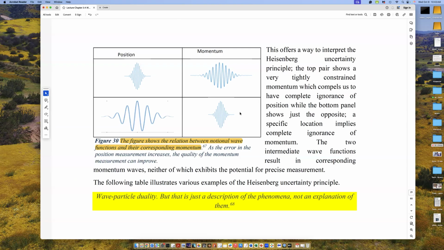And this comes right from the mathematics. Originally, Heisenberg's idea was conceptual. But once people thought about it, they said, oh yeah, obviously, if we look at wave-particle duality, we can see why the math tells us that a confined wave function must have a large momentum and vice versa.